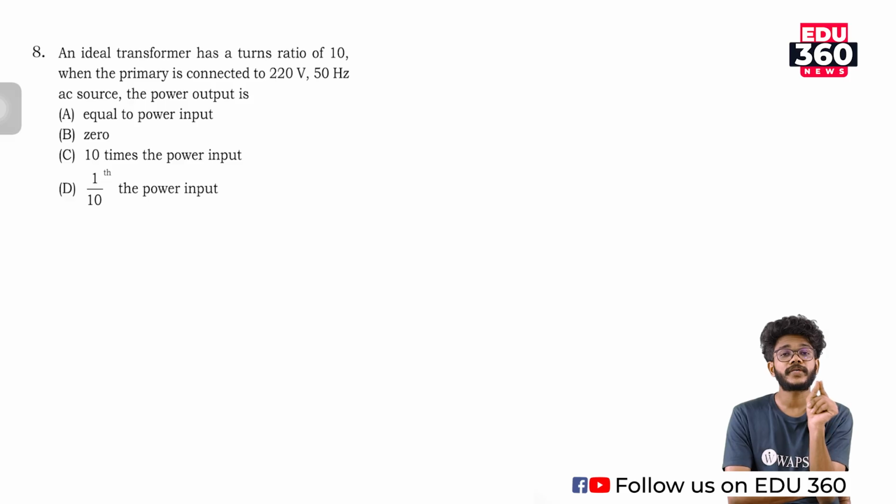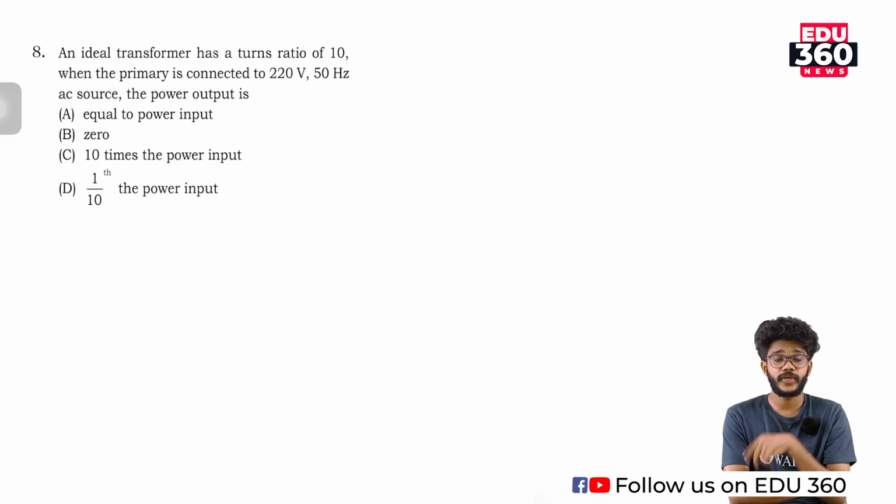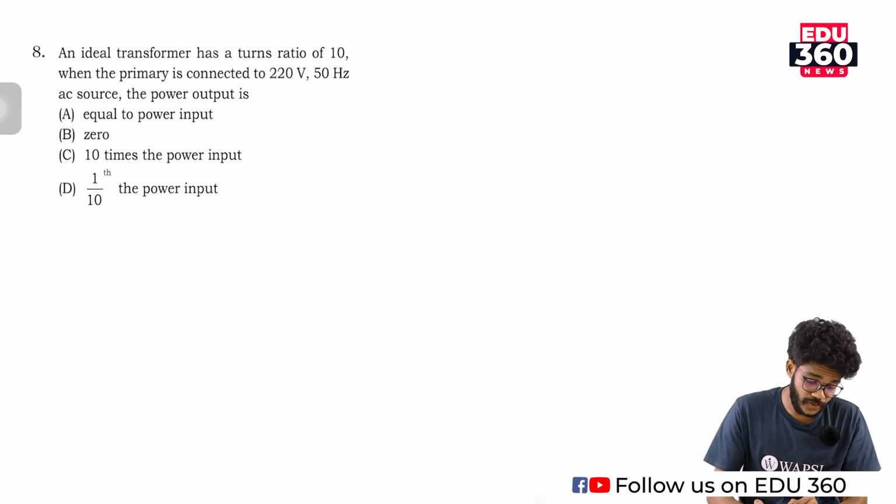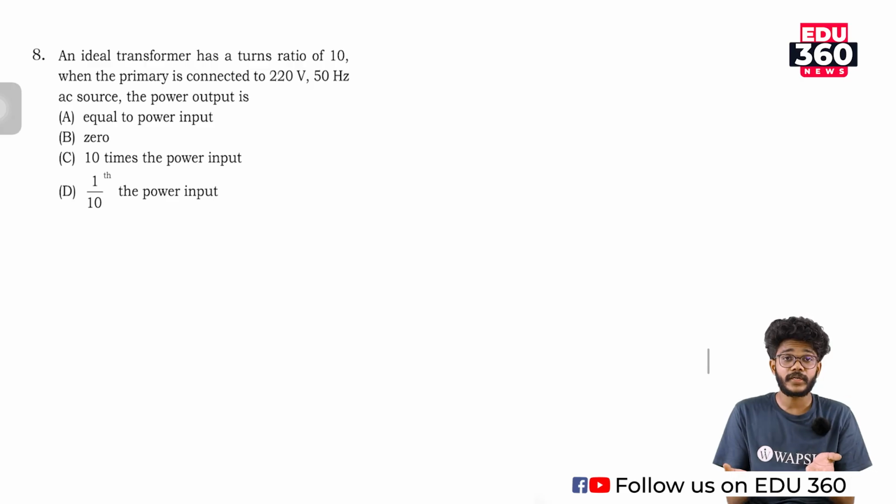That means the power is constant going from the input to the output section. By using this concept we are developing each and every transformer. So which option is correct? Option A, power output equal to power input. Option A is the correct answer.